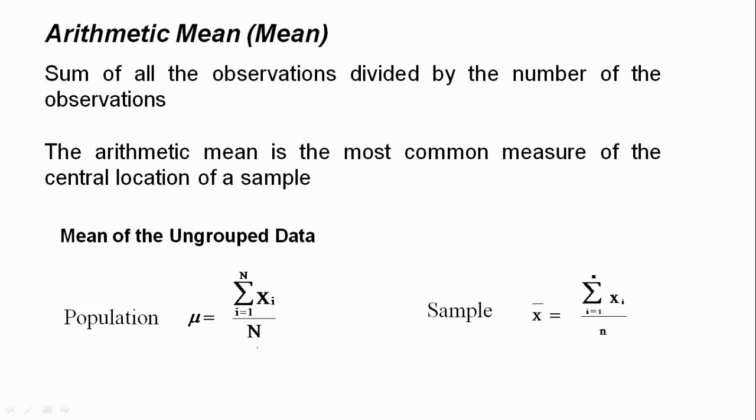The mean of the sample is denoted by x bar. The formula is the summation of all the data values of the sample divided by the total number of samples. The capital N indicates the total number of data points in the population, whereas the small n indicates the total number of data points in the sample.